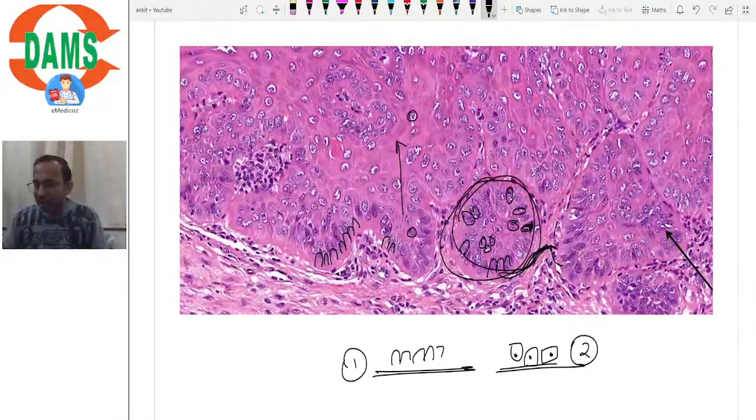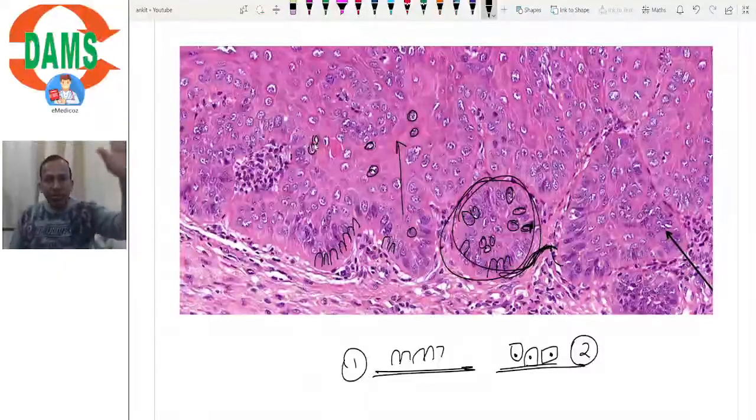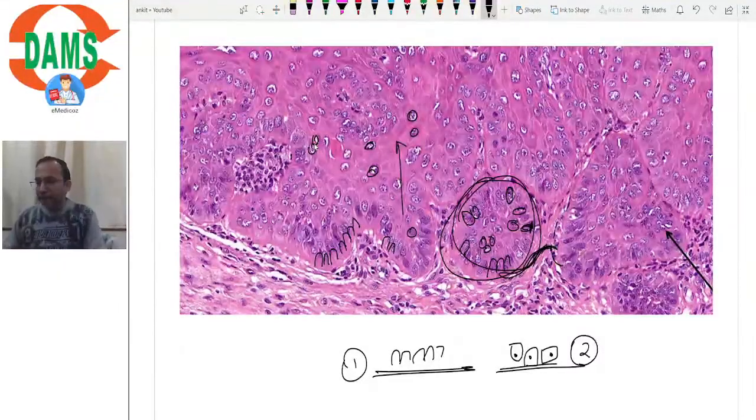You can see the cells are randomly distributed, right? They do not appear to be arranged in proper layers from basal to stratum corneum. Is it clear now? So in this condition, it will be called lack of cellular polarity or loss of cellular polarity.